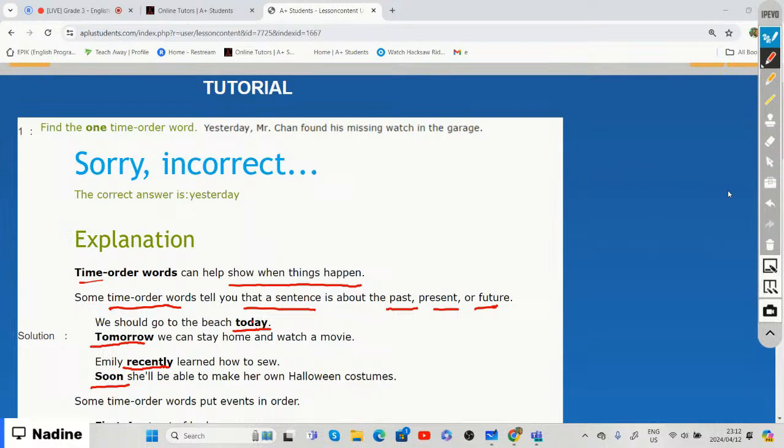So before we continue, do we at least have an idea of what time order words are? Right? So time order words tell us when things happen.